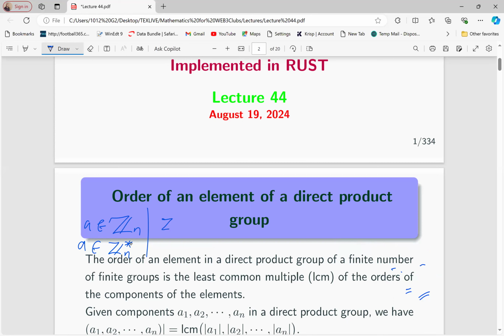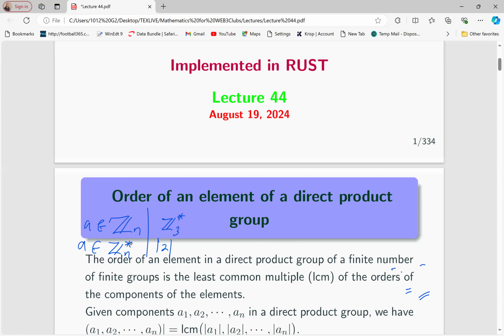I'm asking myself, what is the order of 2 in this group? How many times am I going to multiply 2 by itself to get the identity 1?